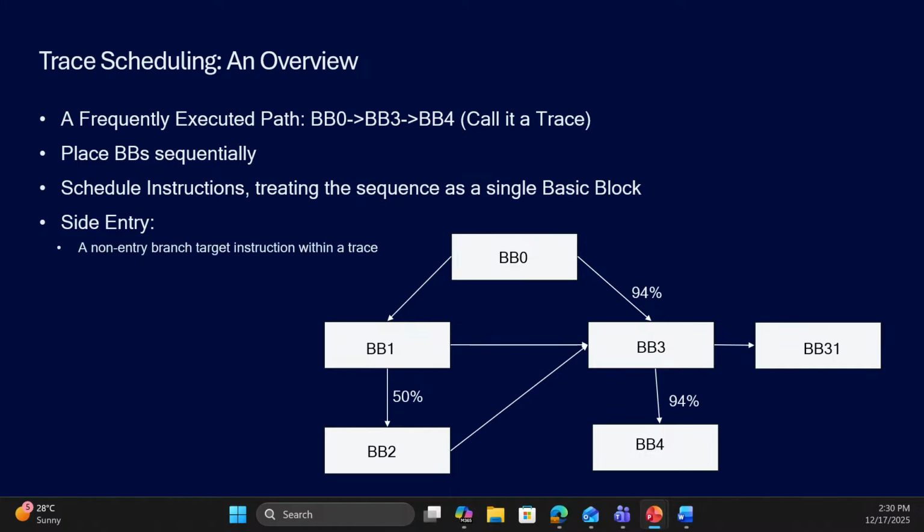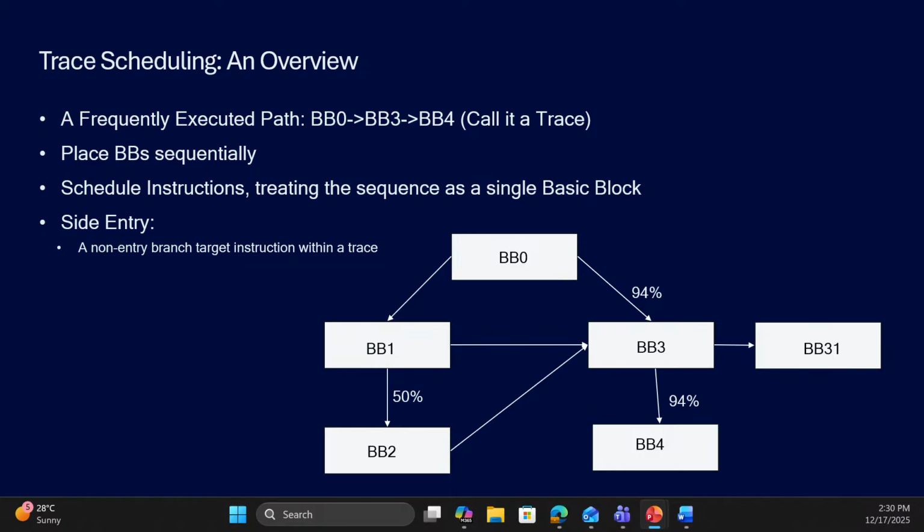Side entry is a non-entry branch target within a trace. Side entry means the instruction at the beginning of this basic block, and side exit is the branch instruction that takes control out of this trace.